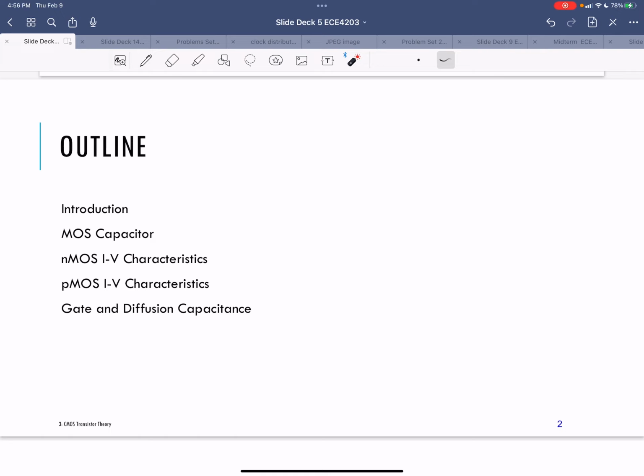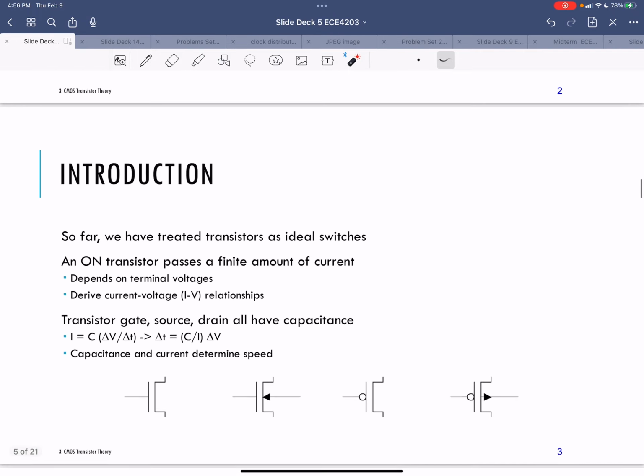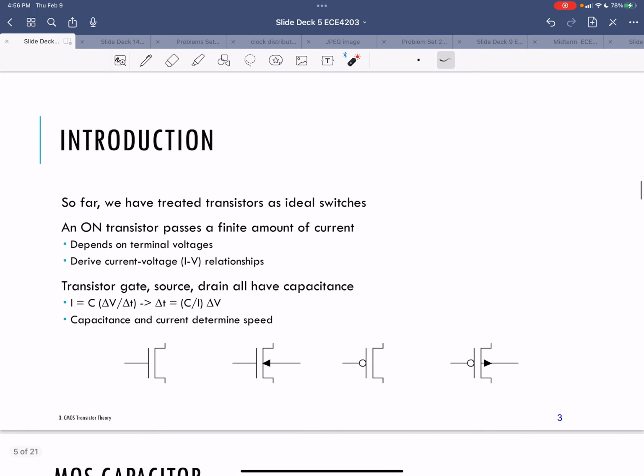Okay, so we've treated the transistor as an ideal switch.